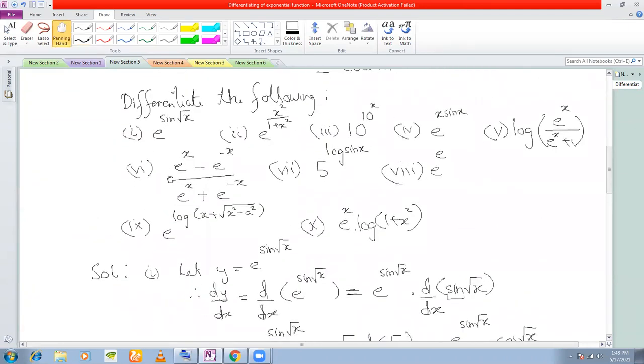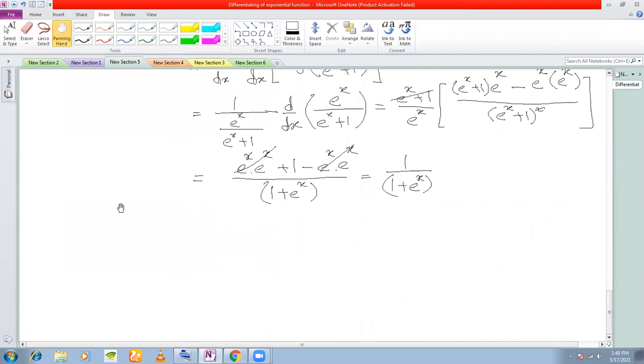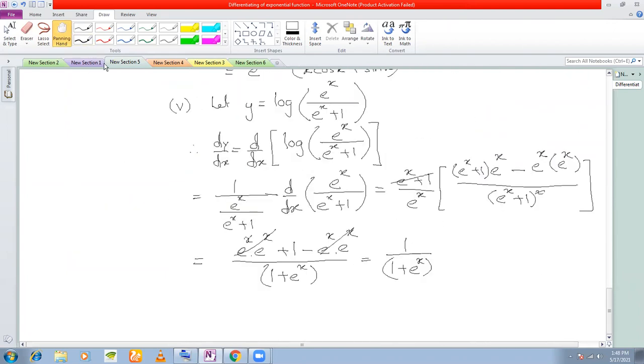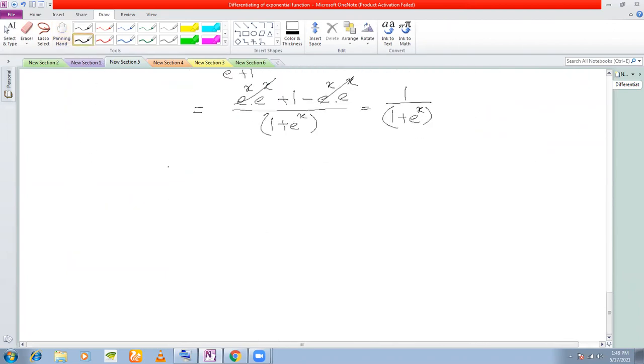Number 6 is 5 to the power of log sine x. This is your a to the power of x form, and the derivative of a to the power of x is a to the power of x log a.